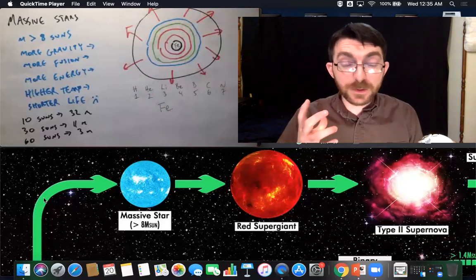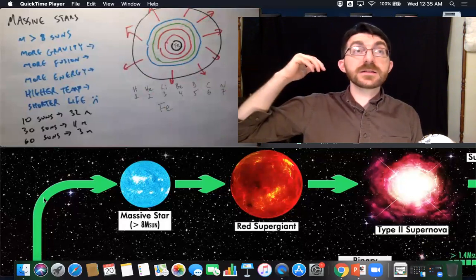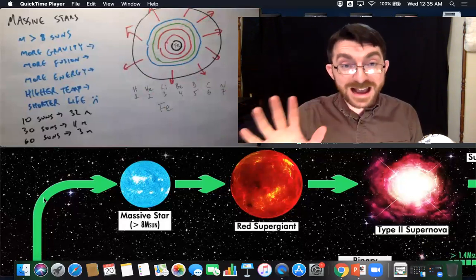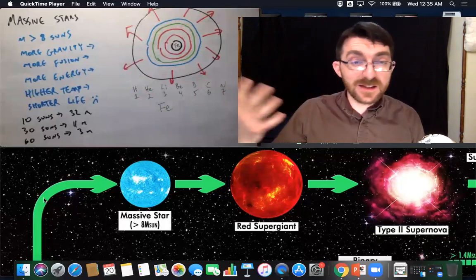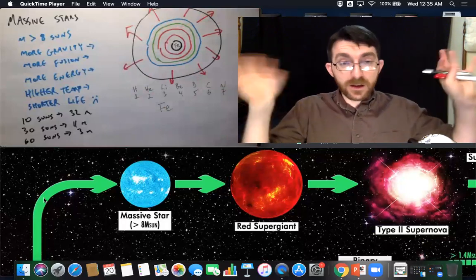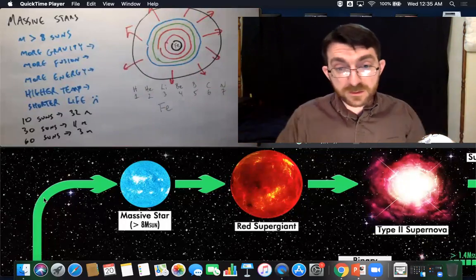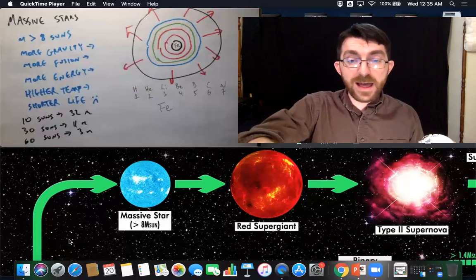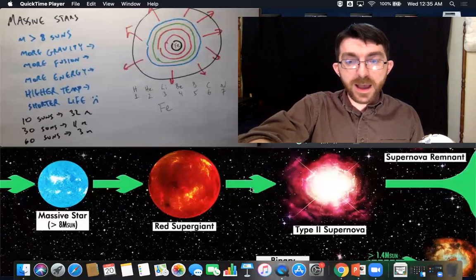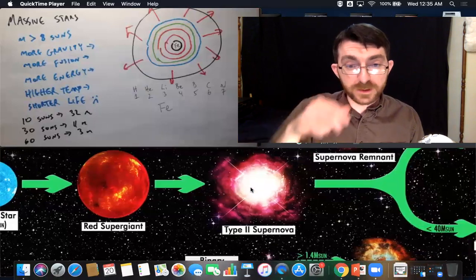The pressure buildup from that is enormous. One of the highest pressure, highest intensity, most violent occurrences in all of the universe is the collapse of this red supergiant, and that is why that leads to a type 2 supernova.